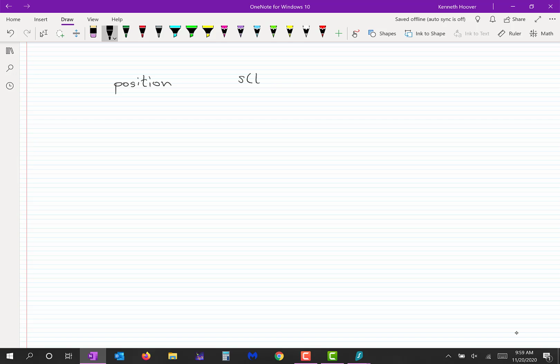They always call it S of t. Then you have the velocity of a particle, which we'll call V of t. And then you have the acceleration of a particle, which we'll call A of t.